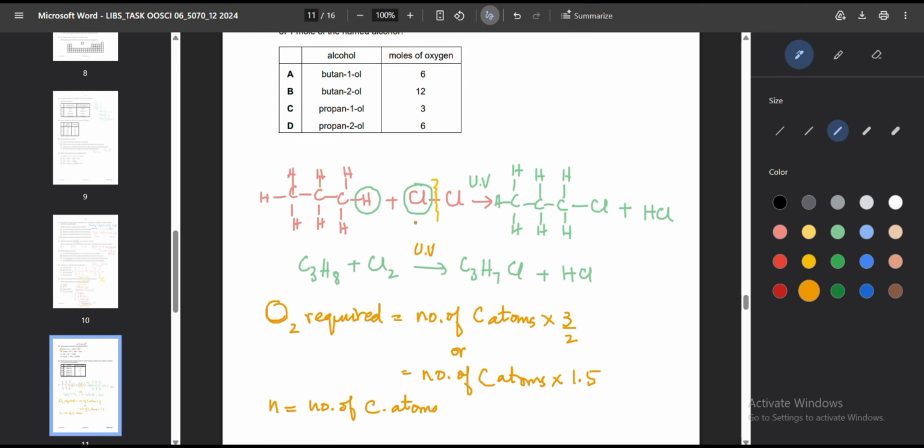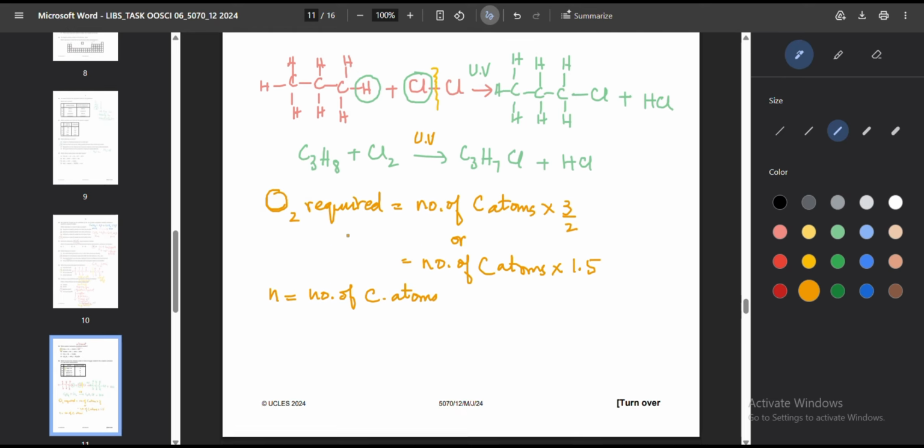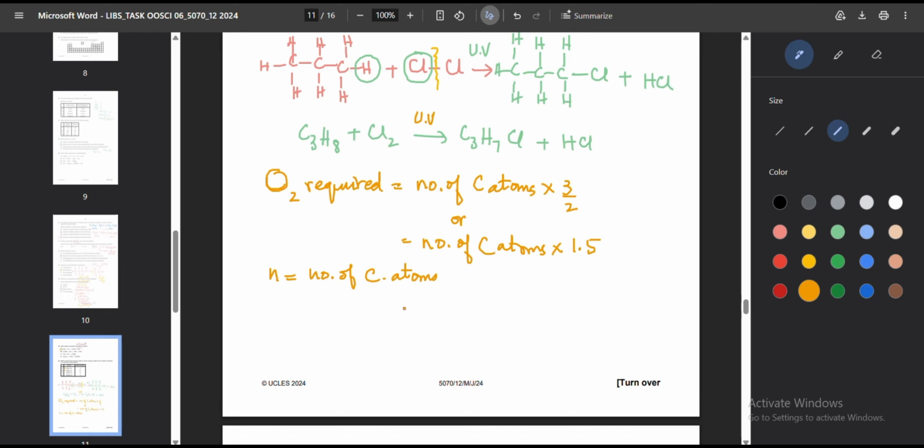Instead of writing the equations, we can use this formula, simple. Butanol, butane 1-ol or butane 2-ol, both of them will have how many carbons in them? They will have 4 carbons in them. So the number of carbon atoms is 4 multiplied by 1.5.